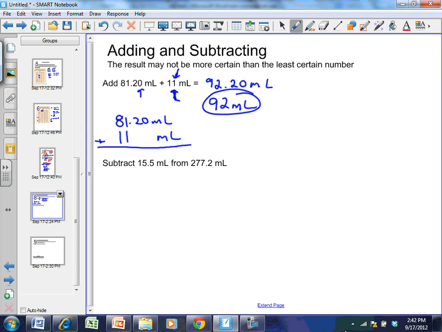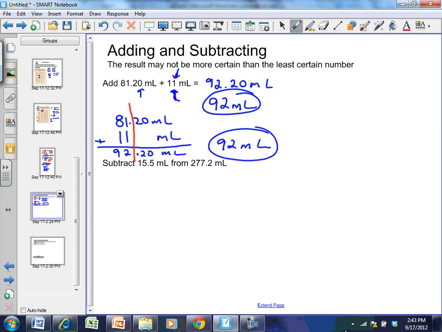In the top one, I can get to the hundredths place in 81.20, and in 11, I can go all the way to the ones place. I draw a line straight down, because I can go farther left in 11, and that line is where I'm going to have to provide my answer. I add them now and get 92.20 mils. Then I look at the tenths place to decide whether to round up or down, and that's how I get 92 mils.